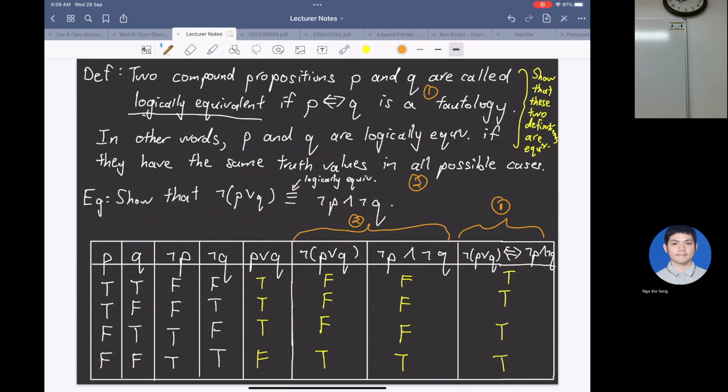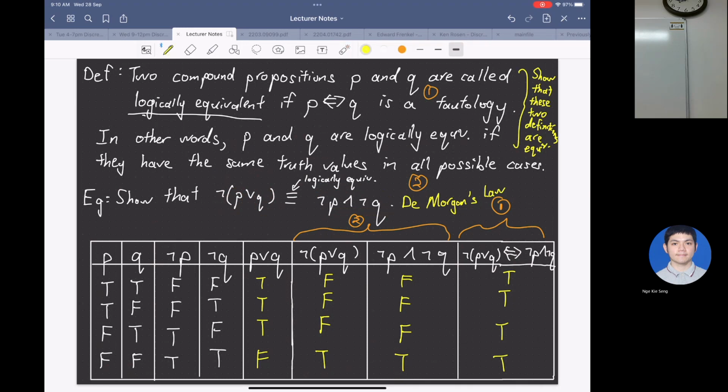Now we have to go fast because quite a lot we need to cover today. One name I want you to remember today, before you become a logic student, is De Morgan's law. What De Morgan's law does is when you negate a disjunction, you get a conjunction of the negations.